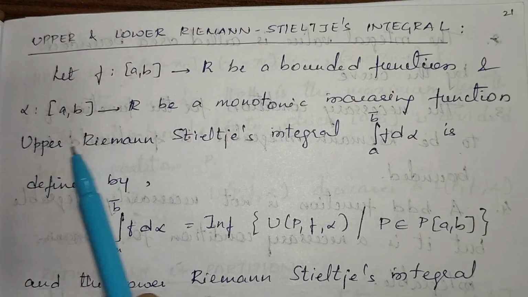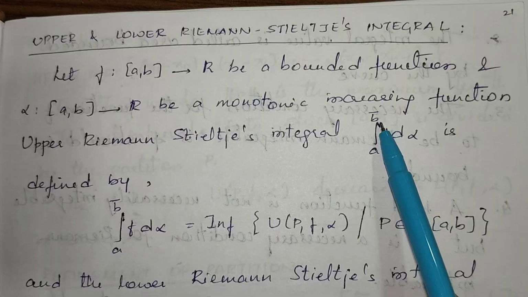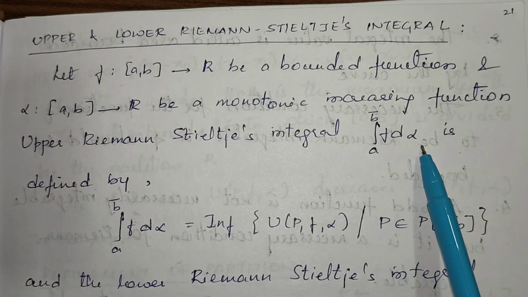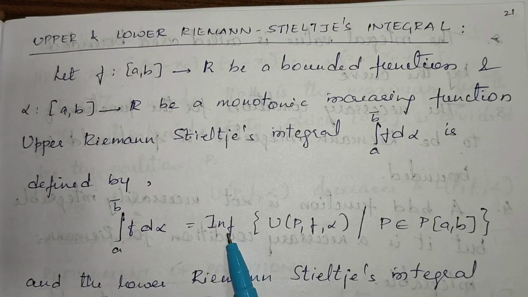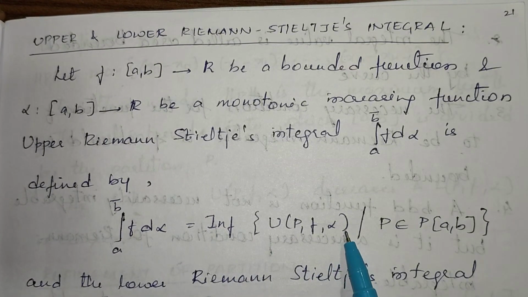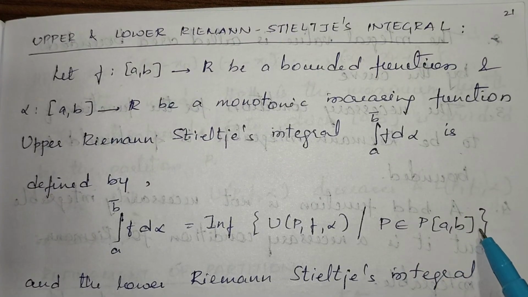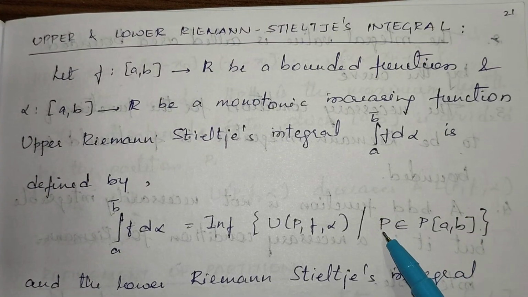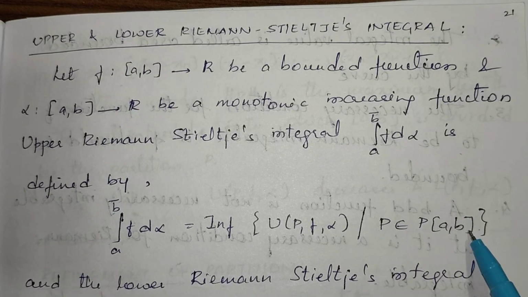And here upper Riemann Stieltjes integral, which is integral a to b bar f d alpha, is defined by infimum of U of P comma f comma alpha, where P belongs to P of a comma b, means this can be any partition of closed interval a comma b.